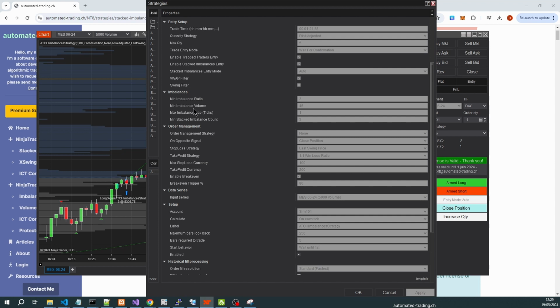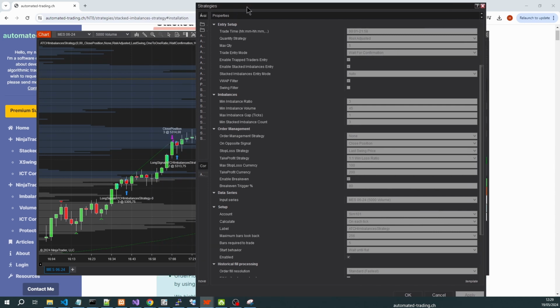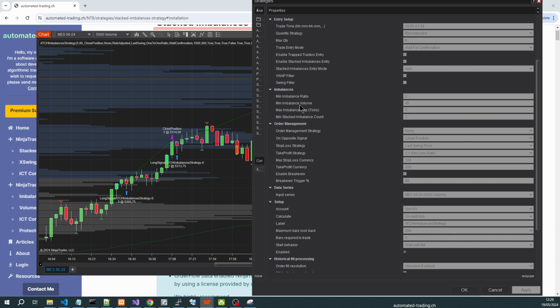So let me start by showing you the parameters, and let me start with the imbalances section. To detect an imbalance, the strategy will calculate a ratio. The ratio is calculated between the strong side volume divided by the weak side volume.